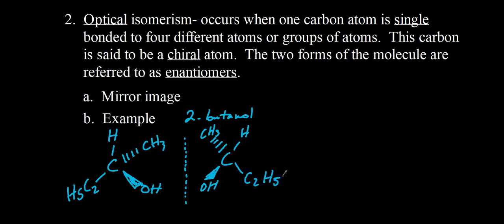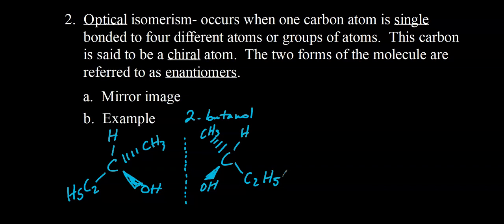So these are mirror images of one another. If we try to stack them on top of each other, they're not going to be able to be superimposed, but they are mirror images. The atoms are arranged in the same way in terms of what atoms are bonded to what, but they are just mirror images of one another.